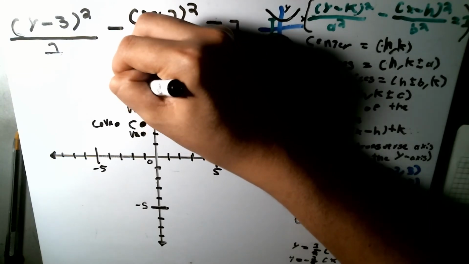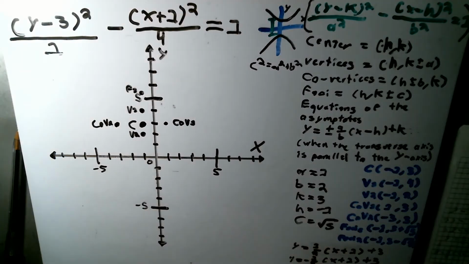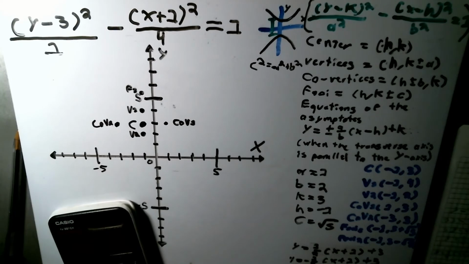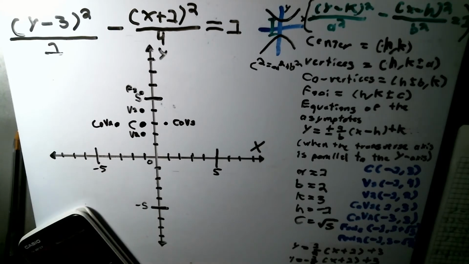There is foci 1, and foci 2 is minus 1 comma 3 minus root of 5, minus 1 comma 0.76.